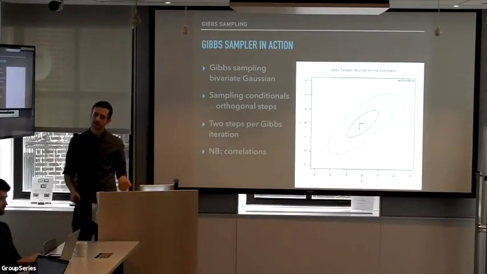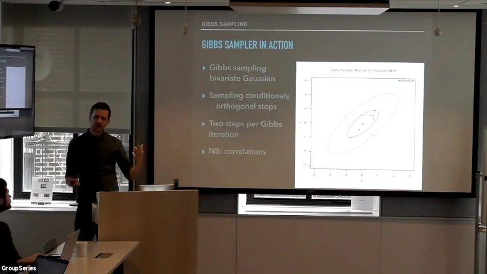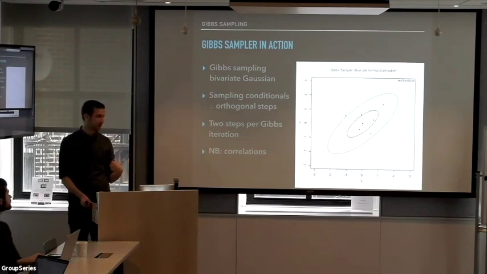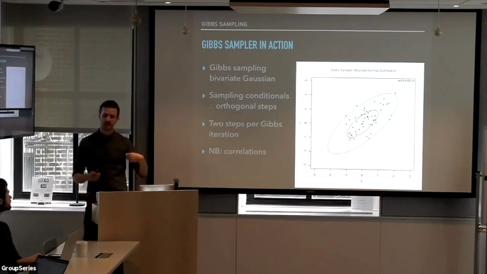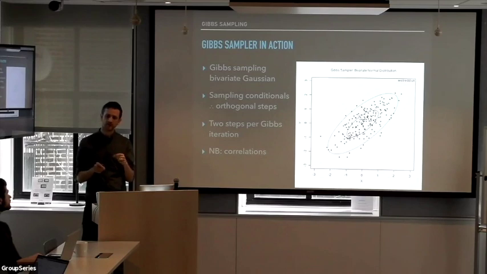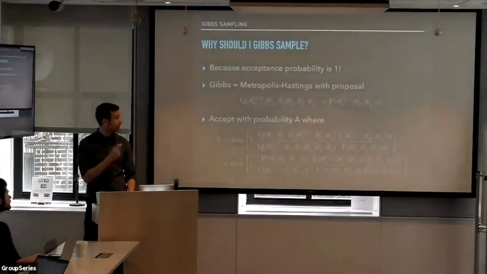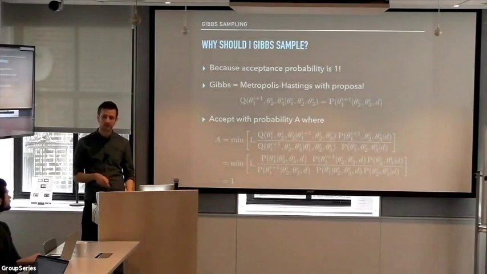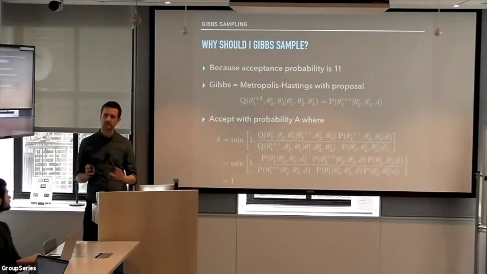Yeah? Is there no way to sample both parameter updates at once? So there are other algorithms that will do it at once. Oh, okay. But with Gibbs sampling, it's just because of the fact that you basically have these little subsampling steps where you're doing conditional distributions. The reason why you do that is because the acceptance probability is 1 all the time, every time.